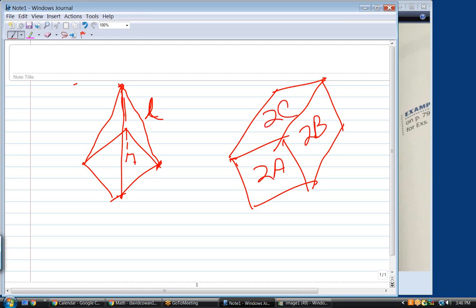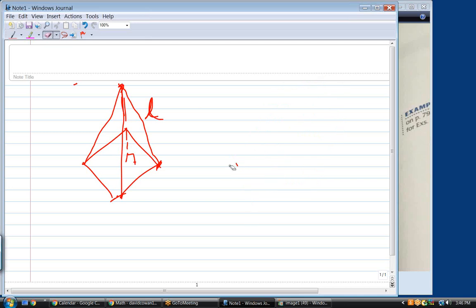In other words, I just have to figure out each surface area, multiply it by 2 because it has an opposite side. If I want the surface area of this thing over here that I've drawn, then I only have one base to consider. So I need to take the area of that base plus the area of each face. There are 4 faces on this particular object here, pyramid.